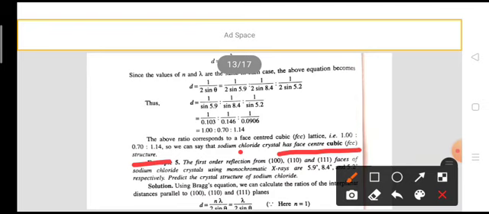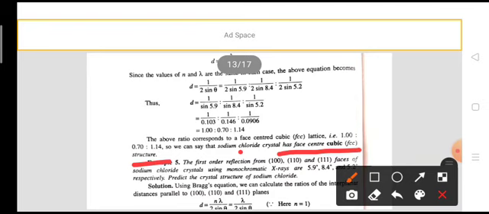So first of all, from Bragg's X-ray spectrometer, we have to find the angle of reflection for different planes of the crystal, and we have to find the interplanar distance for each plane, and we have to take the ratio of the interplanar distances for the planes.